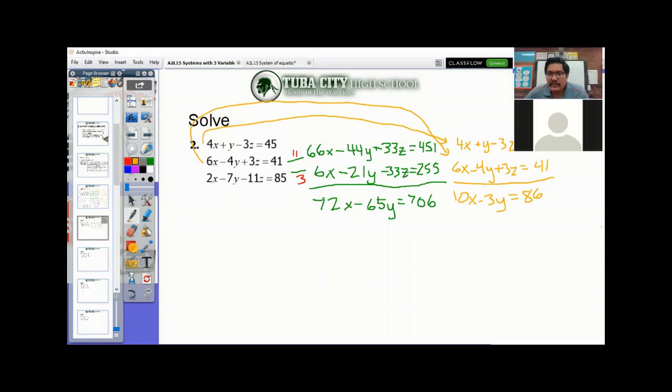And I don't think there was a whole lot going on, so I don't think I'm going to miss much doing that. Now, what I have to do is find a way to eliminate either x or y. So how to eliminate x or y?